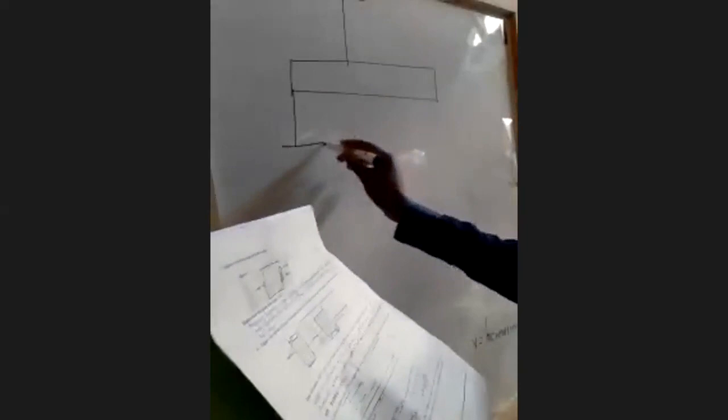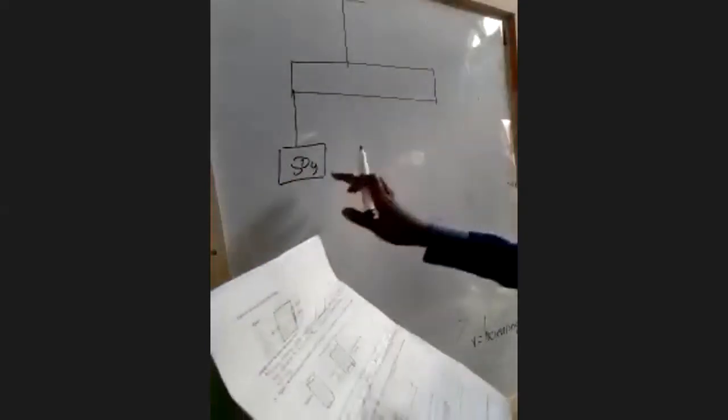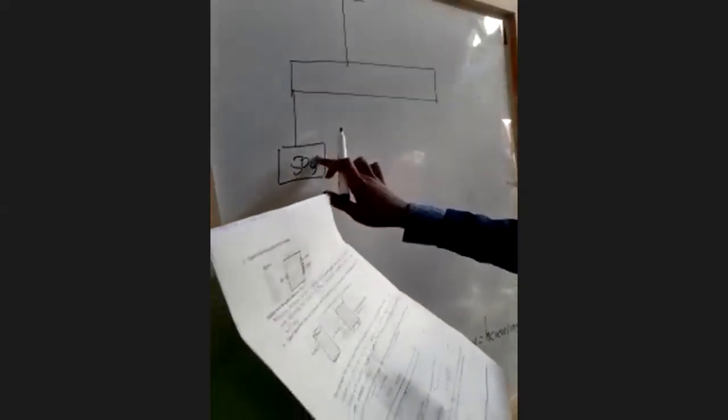A suspended uniform meter rule is in equilibrium when a mass of 50 grams is hung at the 0 mark. It is suspended on a string, and we have 50 grams here, which if you convert, you will convert to Newton.